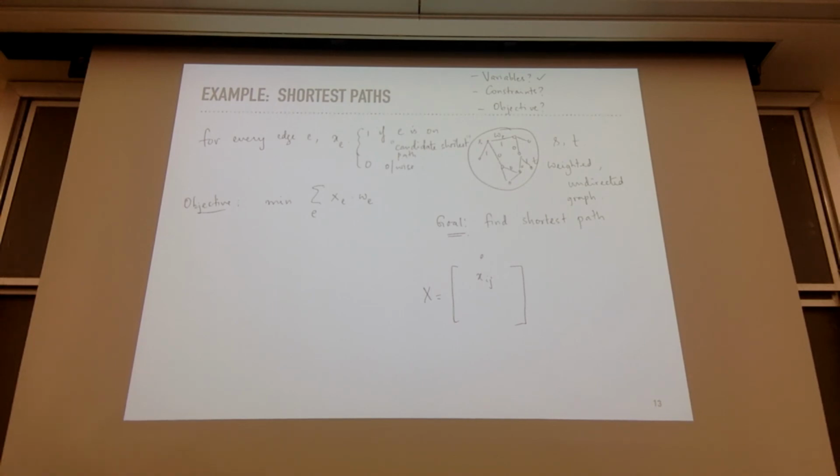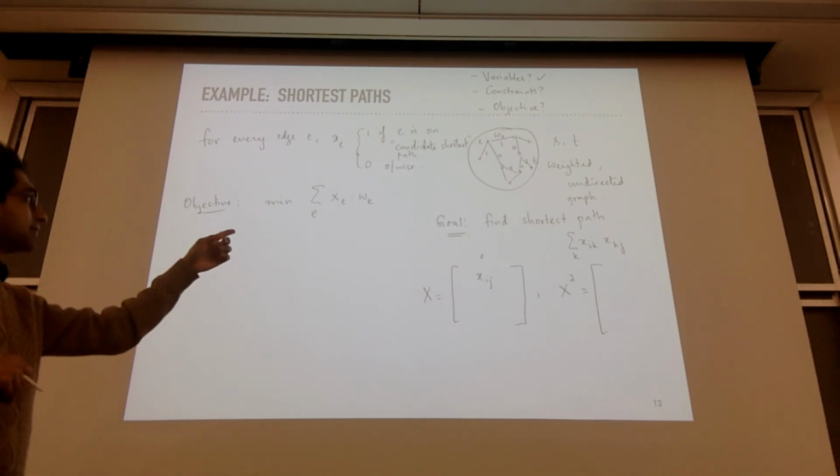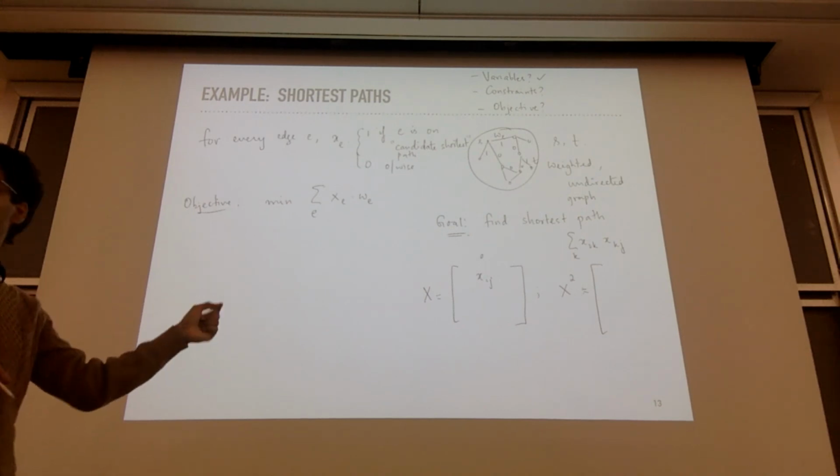And what you can verify is that the ijth entry of x squared would be the sum over all k of x_ik times x_kj. And so this corresponds to a path of length 2.